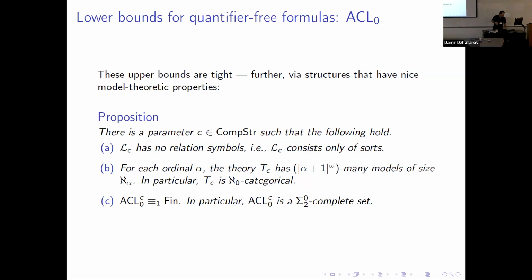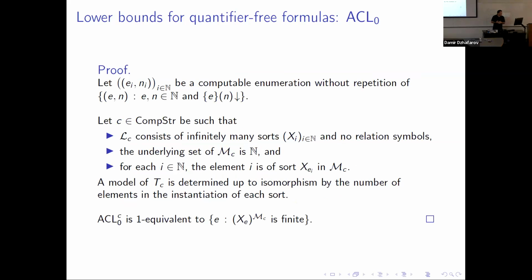Now the proof is not super hard. It's basically a computable enumeration of all the things that terminate. Because we have infinitely many sorts, whenever I have an element, I put it in the sort E sub i in this enumeration.